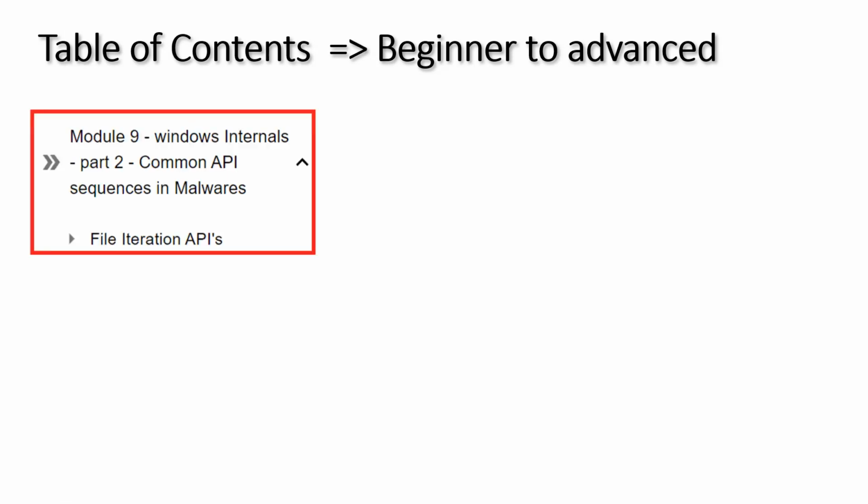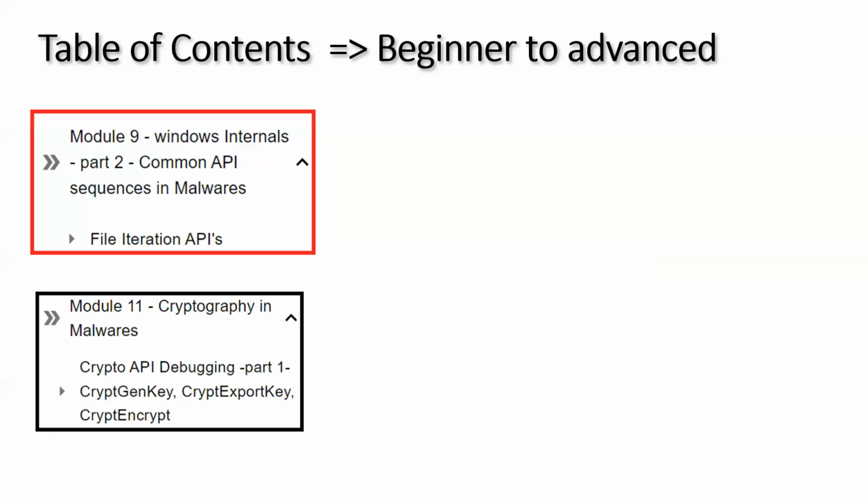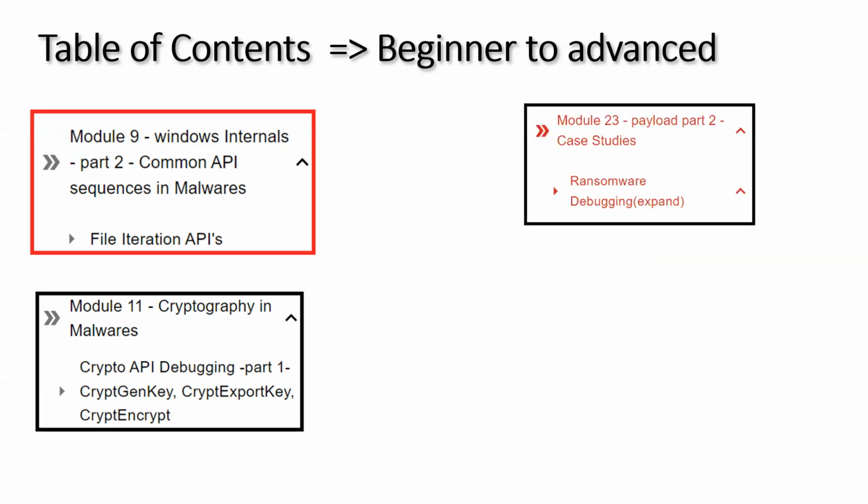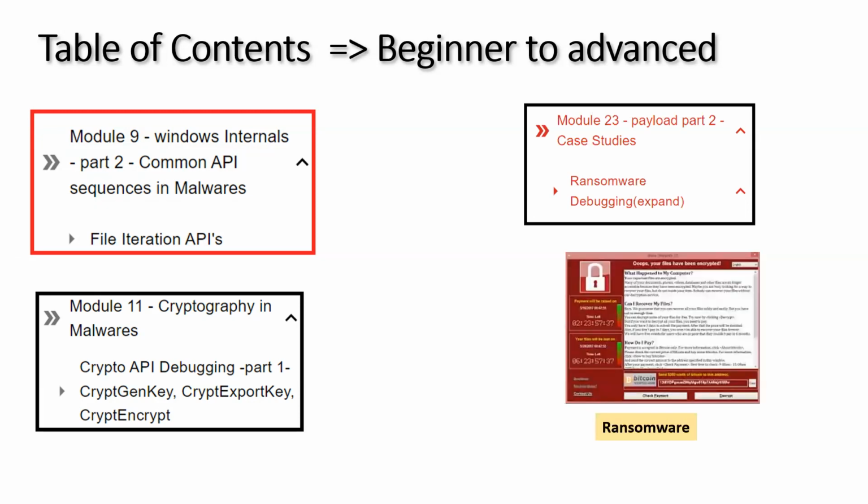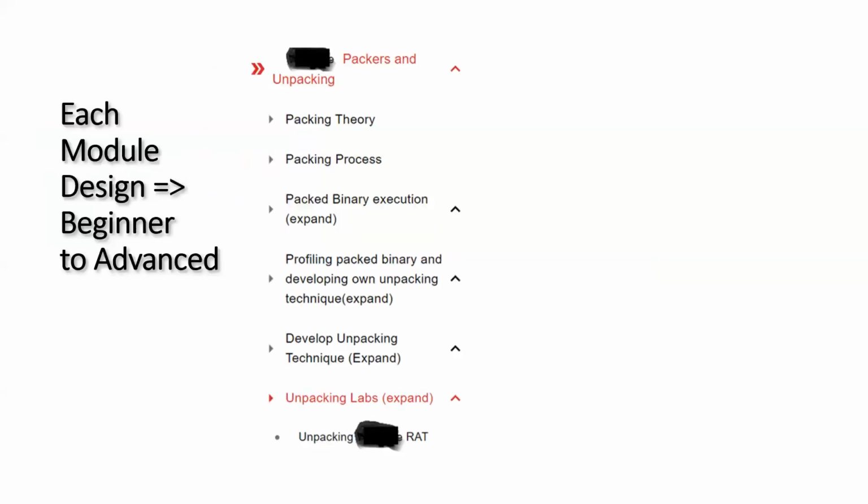In module 9, I cover file iteration APIs, while in module 11, I talk about cryptography APIs like CryptGenKey and CryptExportKey. If somebody goes through both of these modules properly, he or she would be able to reverse engineer the ransomware, which is in module 23.